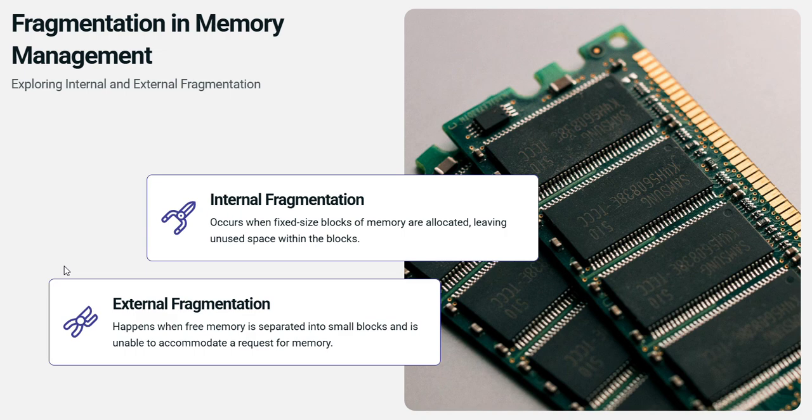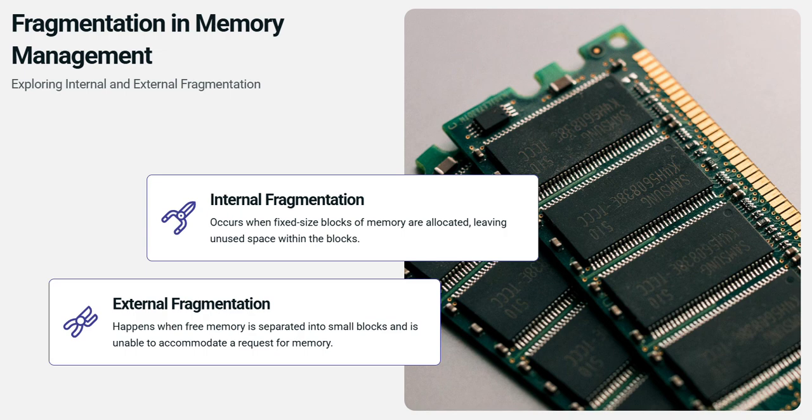It's like having lots of tiny empty drawers but no space for a big book. To fix this, the operating system uses techniques like compaction, memory pools, and slab allocation. They reduce fragmentation and keep the memory more efficient and stable. So we have discussed fragmentation in memory management.